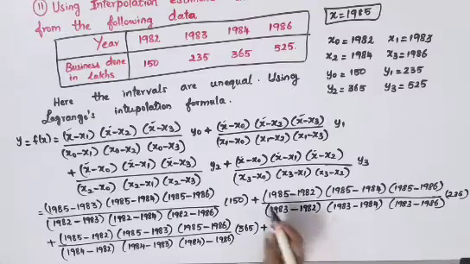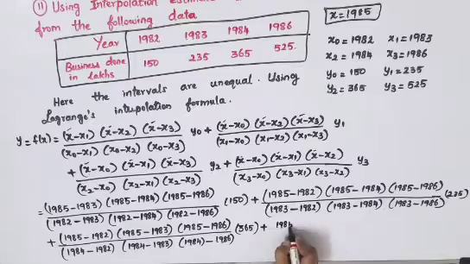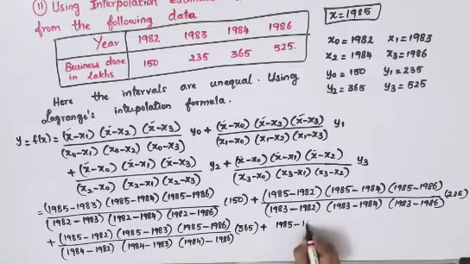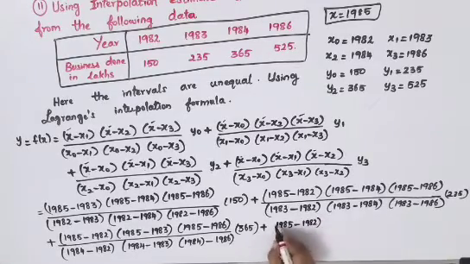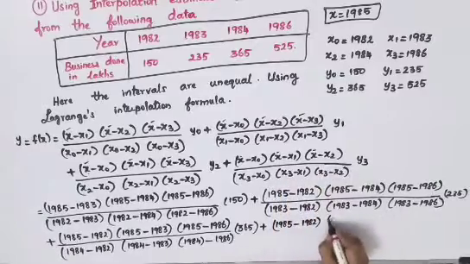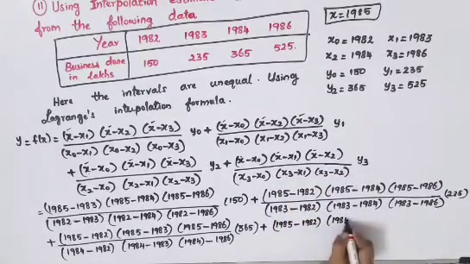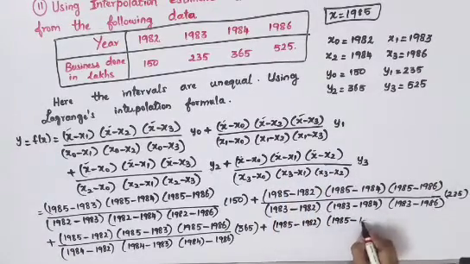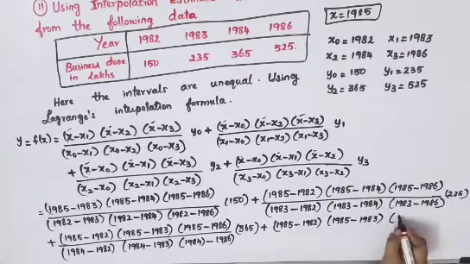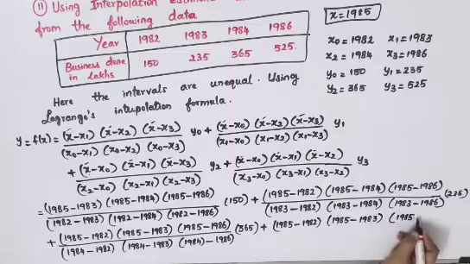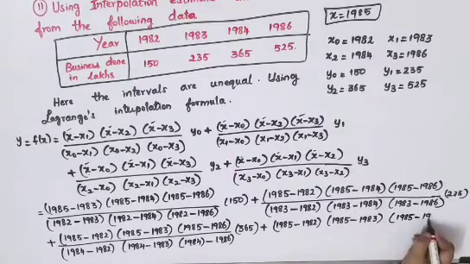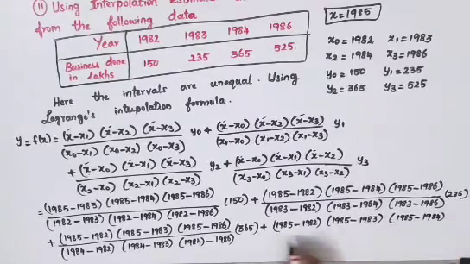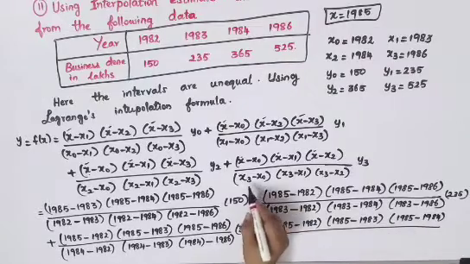Plus your fourth term x minus x naught, so x is 1985 minus x naught is 1982. Next is x minus x1, so 1985 minus x1 is 1983. Then x minus x2, so 1985 minus x2 is 1984, divided by your denominator only x3.